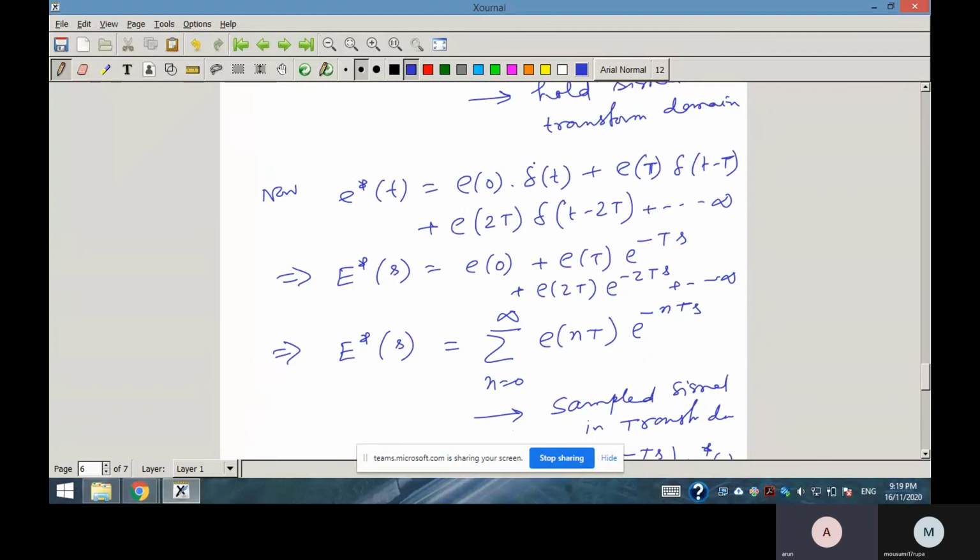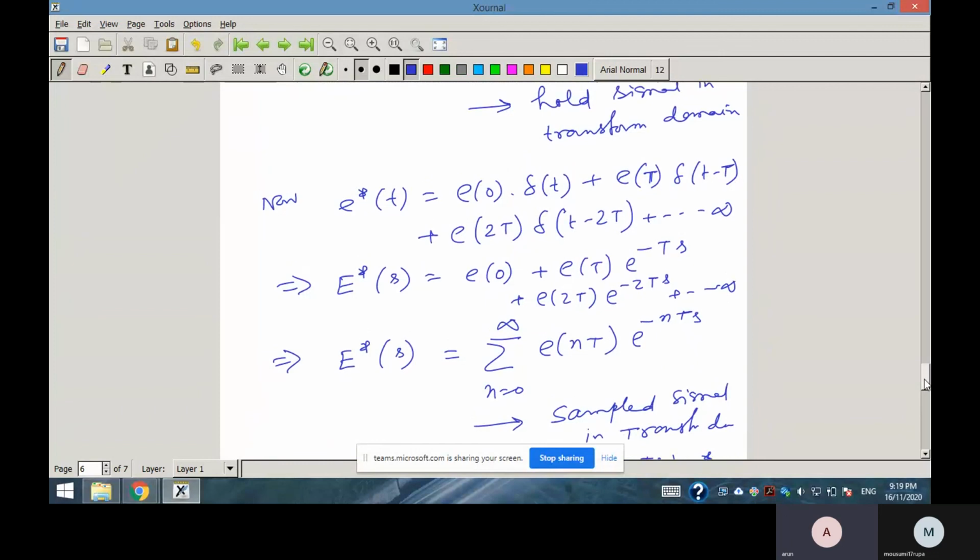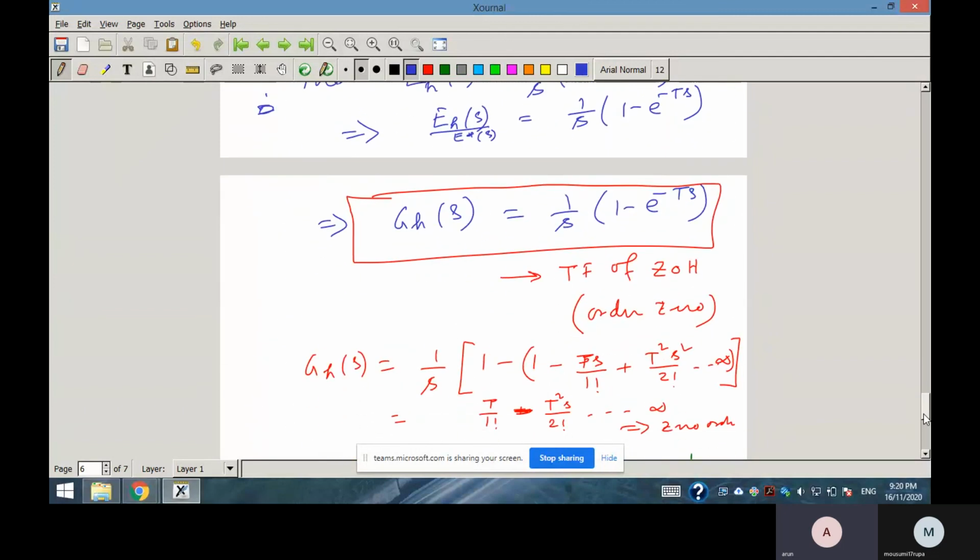So if you take the integration, then ultimately the value will be E0 plus E(T) plus E(2T) and so on, after infinity. Laplace transform: the Laplace transform of E star t I have already taken. So it is the summation for n equal to 0 to infinity of E(nT) e to the power minus nTs.